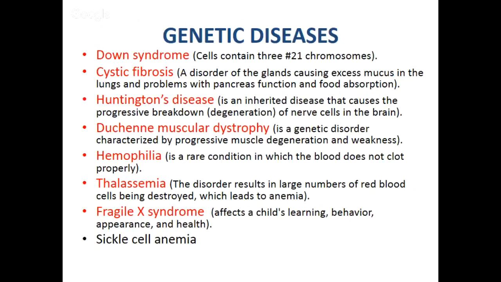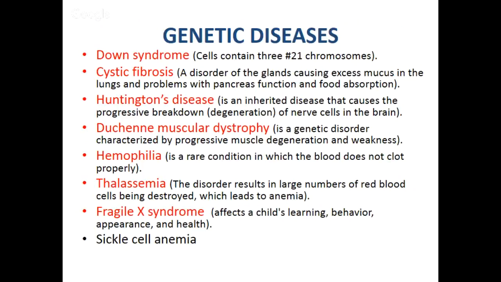It's a genetic disorder characterized by progressive muscle degeneration and weakness. There's hemophilia. It's a rare condition in which the blood does not clot properly. Thalassemia. The disorder results in a large number of red blood cells being destroyed, which leads to anemia. Fragile X syndrome affects children's learning, behavior, appearance, and health.